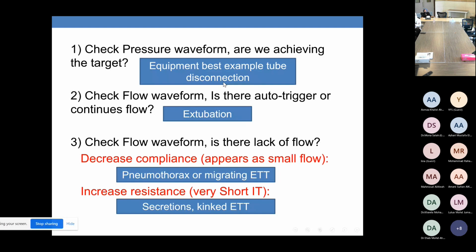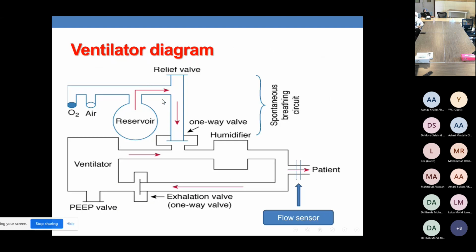Sorry, again, let me make it clear, because here I confused you myself. We said that the ventilator's job is to generate pressure, and the flow sensor is checking the flow which is going to the patient. So if there's a problem with the pressure, this means that the problem is in the tubings before the flow sensor.